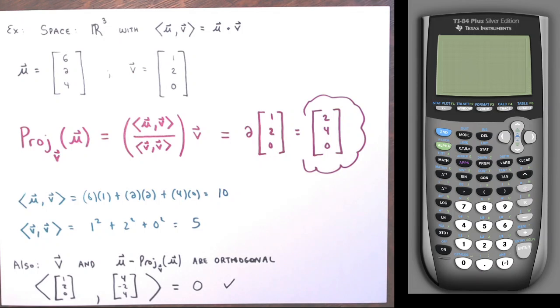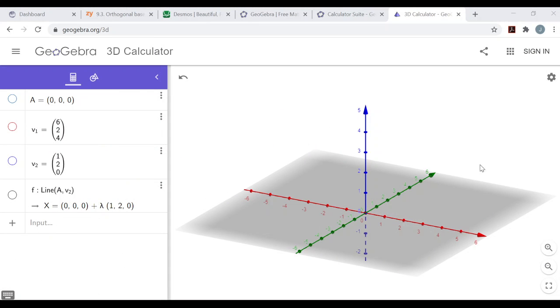So the vector you're projecting onto and the vector you projected minus the projection vector, those two vectors will be orthogonal. All right, now let's look at a picture. This time, again, I got a website brought up, the GeoGebra website, geogebra.org, their 3D calculator here.